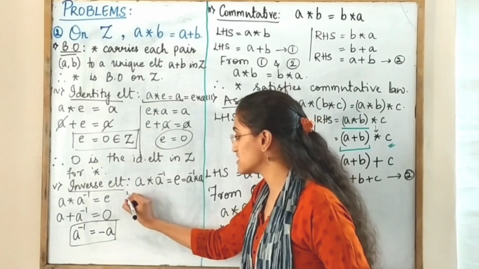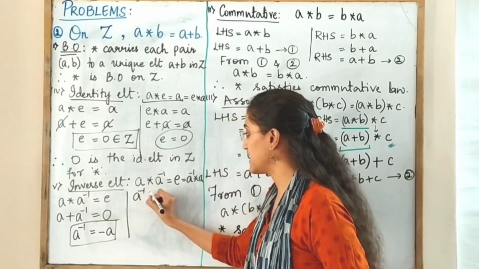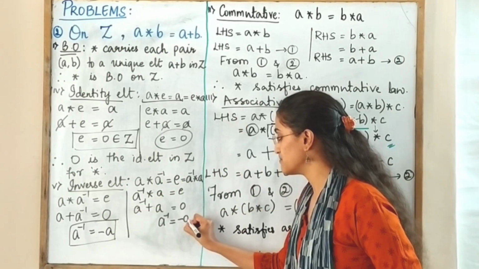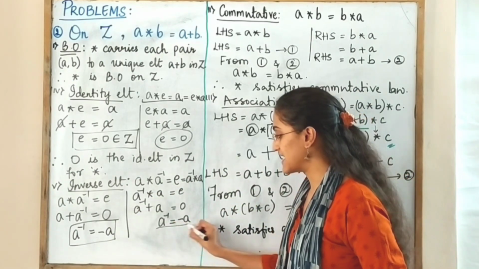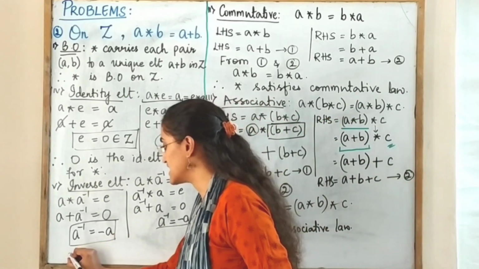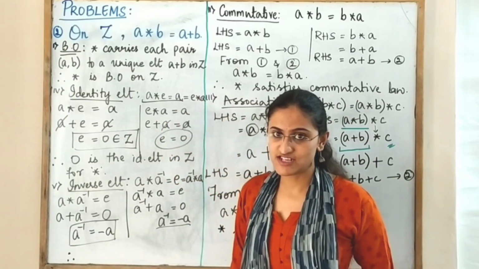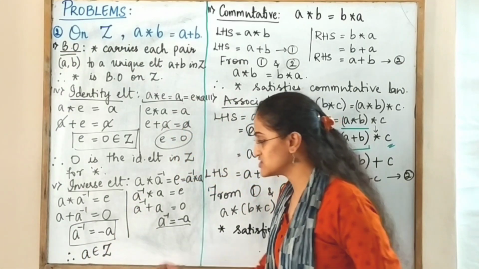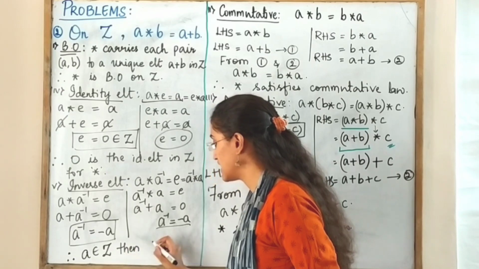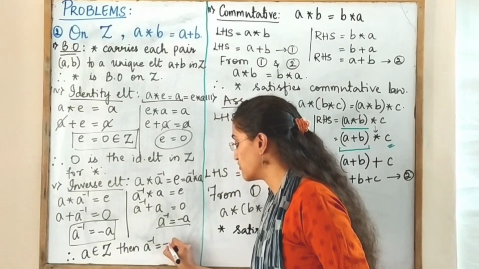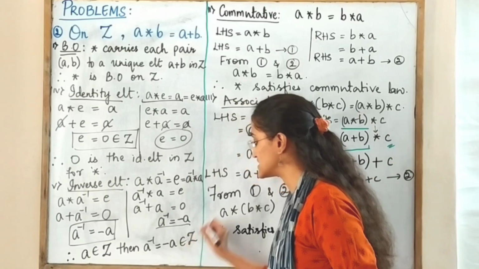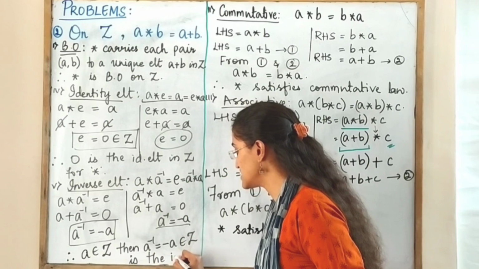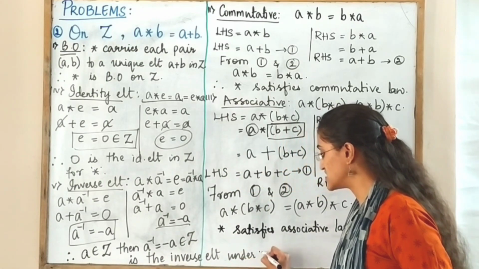You can also observe with the second part, that is A inverse star A, which is equal to E. Applying the operation, A inverse is equal to minus A, and hence you can conclude that if A is an element of Z, if A belongs to the set of all integers, then A inverse, which is equal to minus A, which also belongs to the set of all integers, is the inverse element under the operation star.